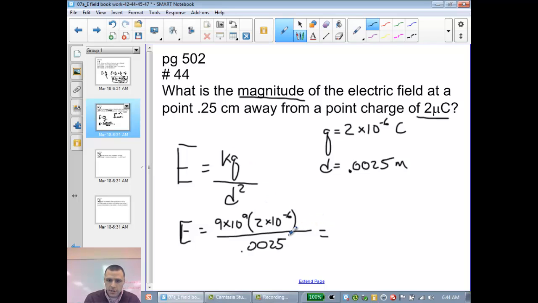Forgot to square the bottom, very important. I get a value of 2.88 times 10 to the 9 newtons per coulomb.